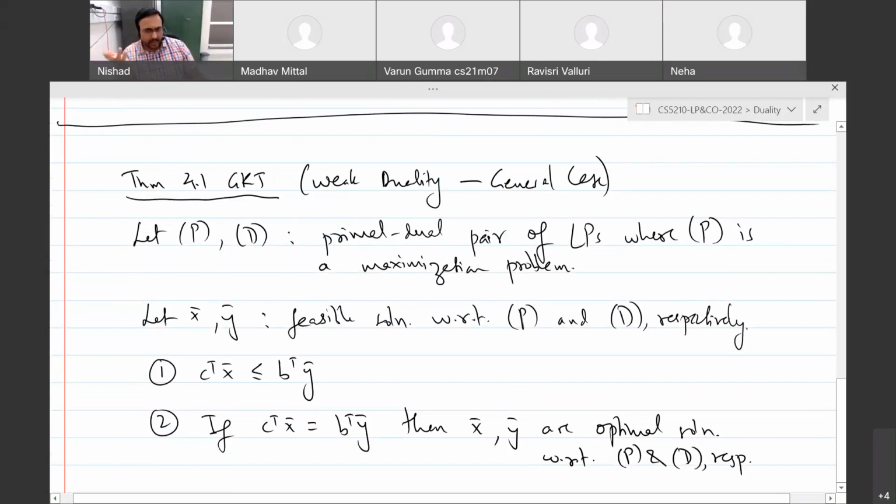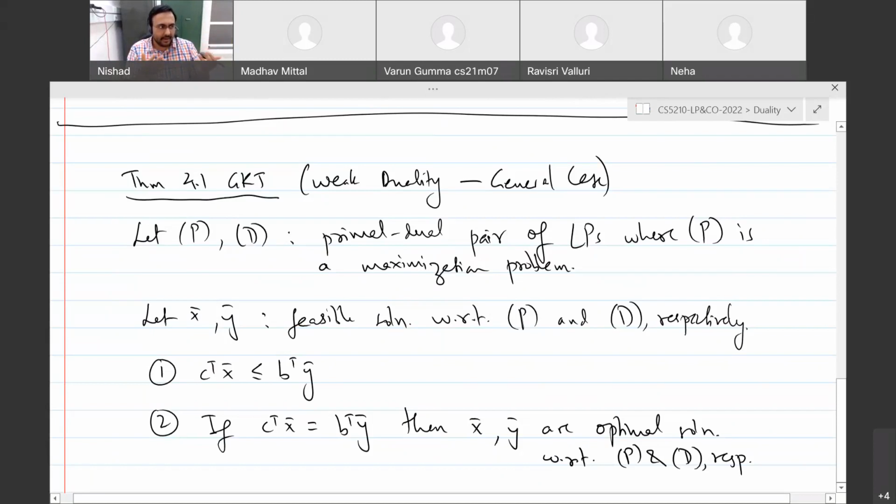We won't prove the weak duality for the general case because we are not going to use the general case, and largely it is just technicality. So now rather than dealing with one kind of constraint, you have to do the arithmetic to deal with all three kinds of constraints. So you have to separate your constraints into less than equal to, and greater than equal to. And for each type of constraint, you need to use the corresponding type of variable, right? So as far as the mathematical ideas are concerned, there is nothing too deep about it, right? The depth is already covered in the standard equality form LPs, right?